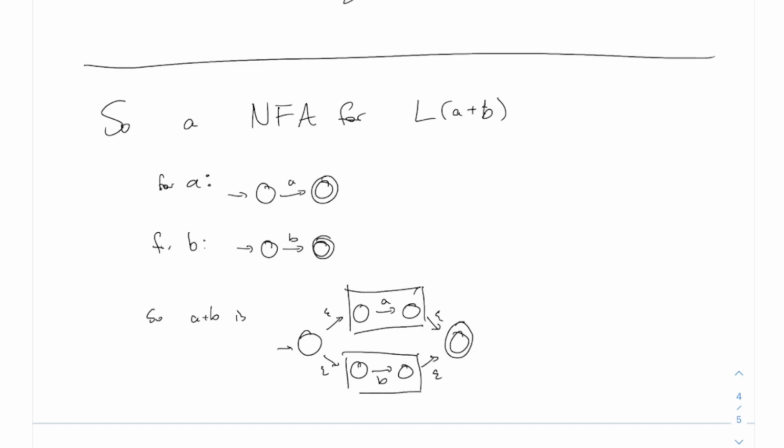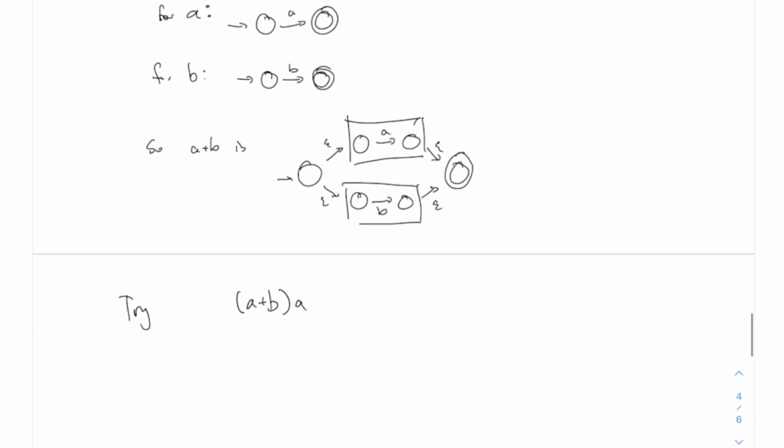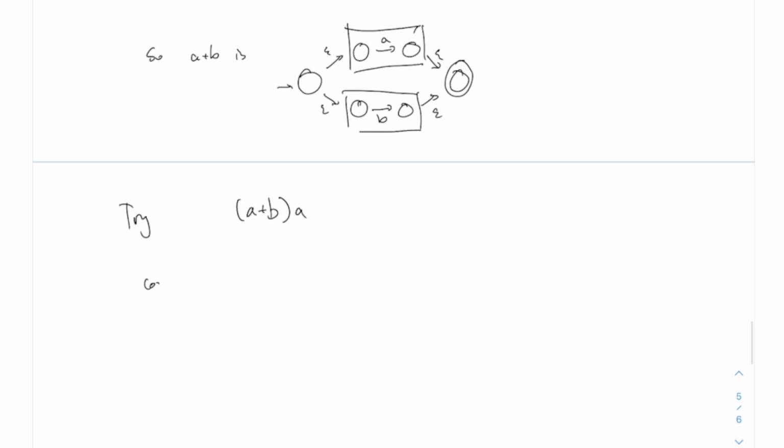All right. This is a very simple one. I'm going to try and ratchet up the complexity a little bit. What about, let's try a plus b followed by a. This is a concatenation where the first thing is a plus b, and then the second thing is a. And so I take the machine for a plus b. It's a concatenation, right?